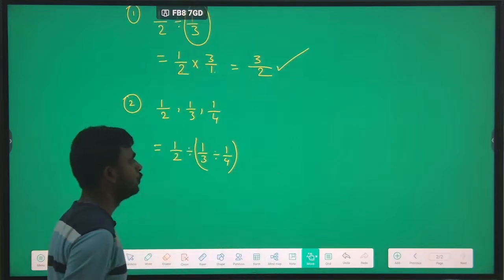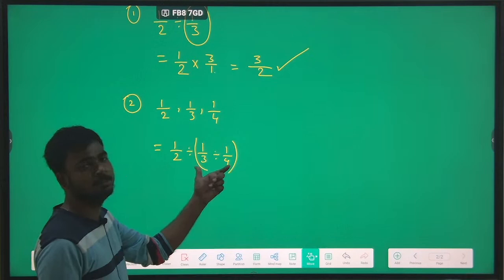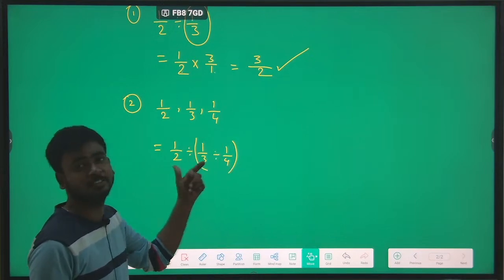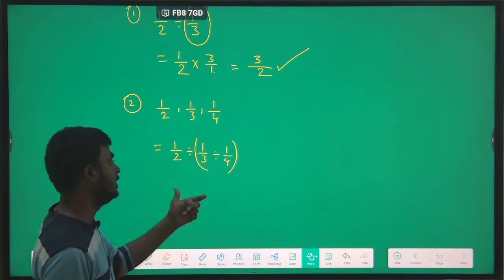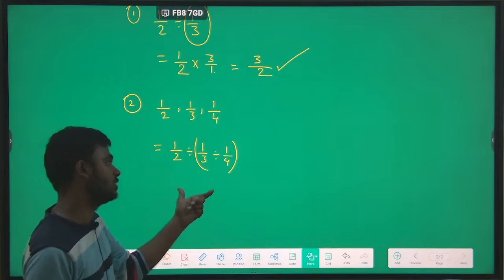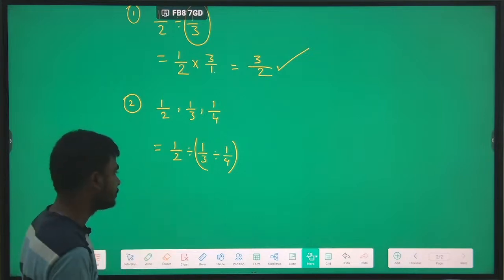So what will we do? We will solve the first two fractions first, and after that this will be converted into new two fractions and we will solve them.